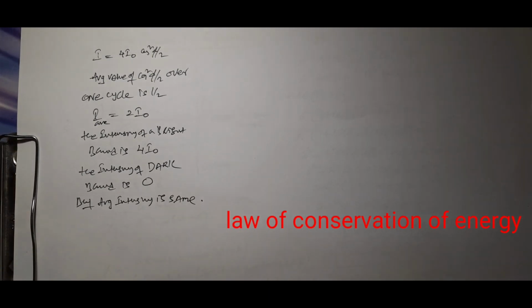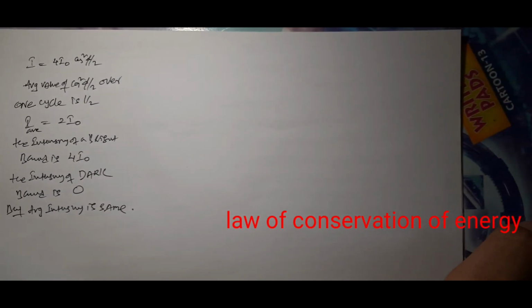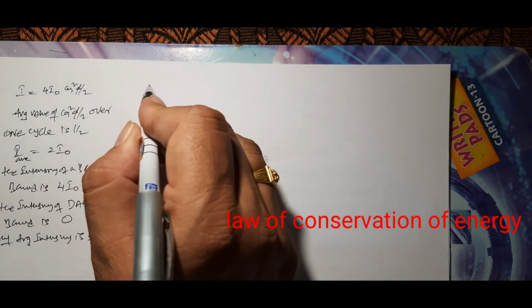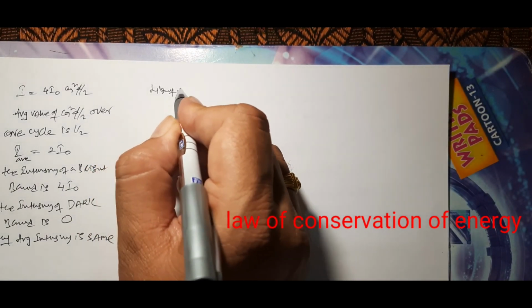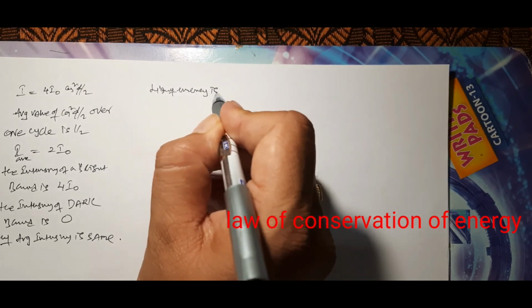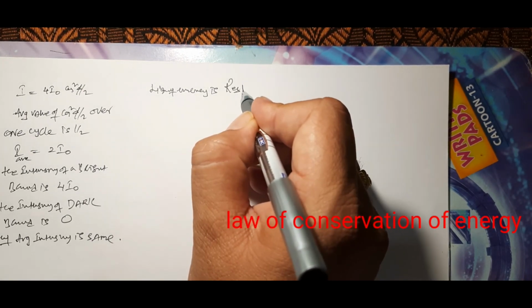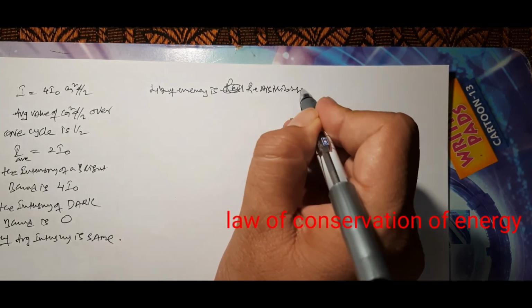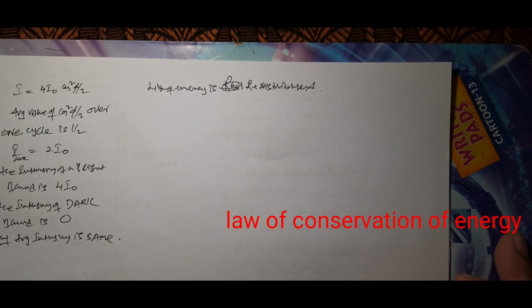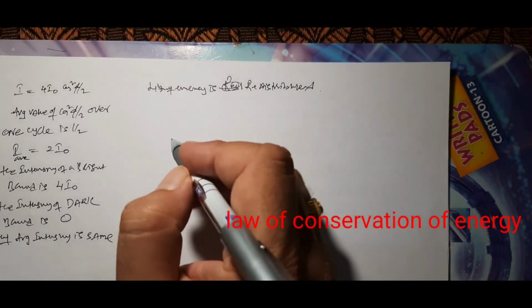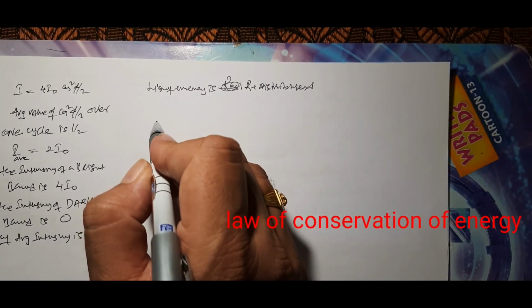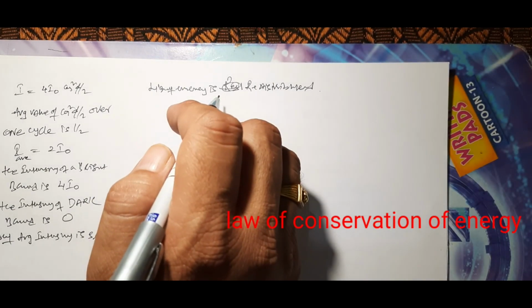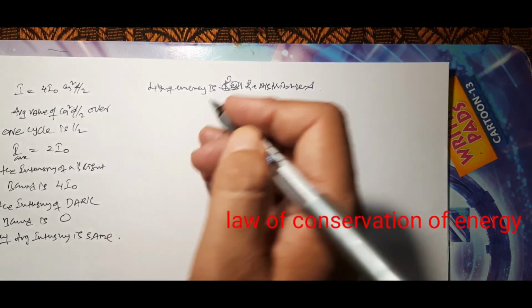There is no change in average intensity. So in interference, light energy is redistributed. That means if it reduces in one region and forms a dark band, it increases in another region and forms a bright fringe.